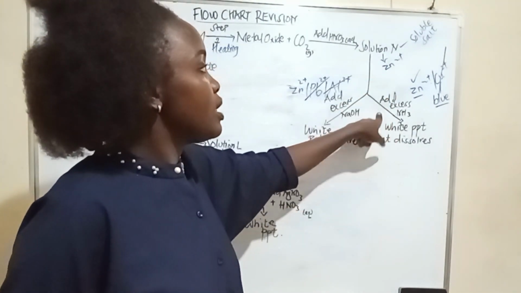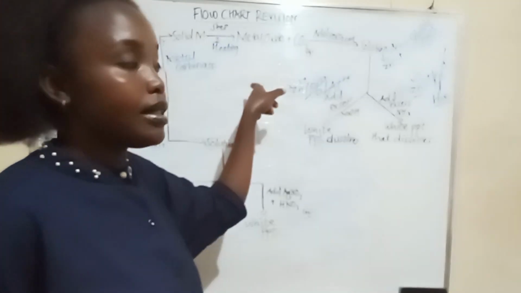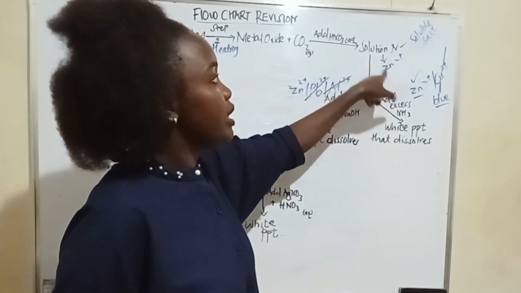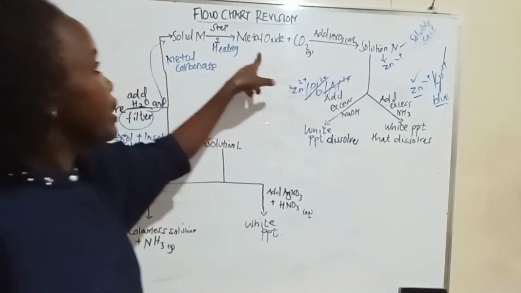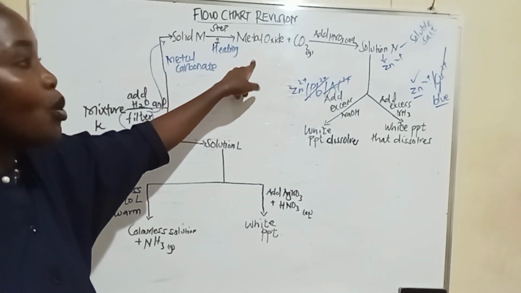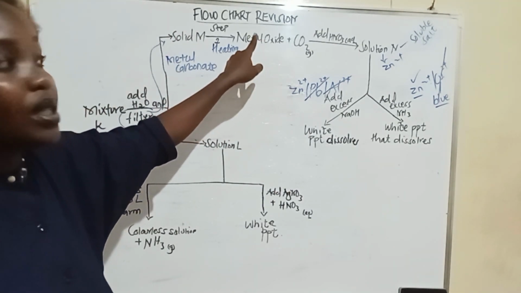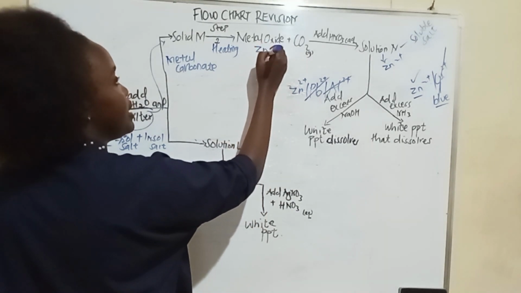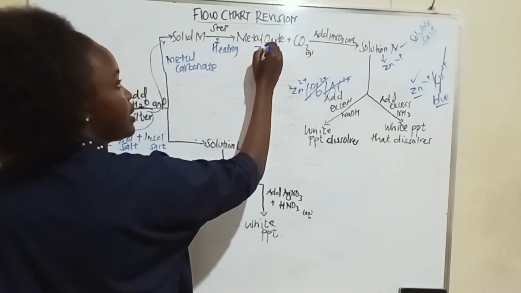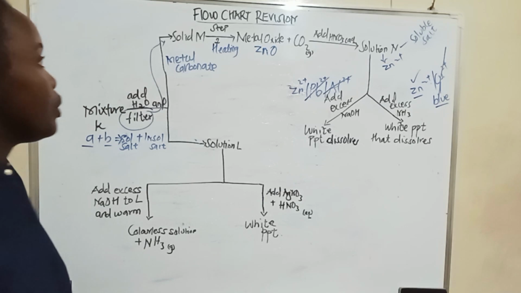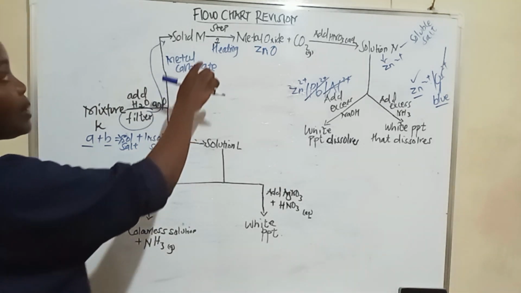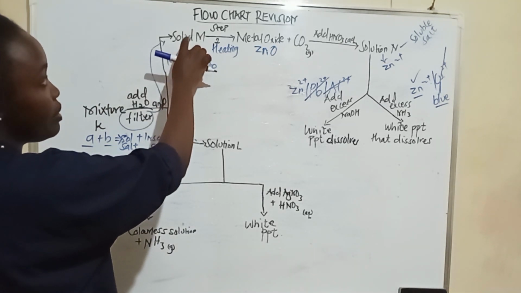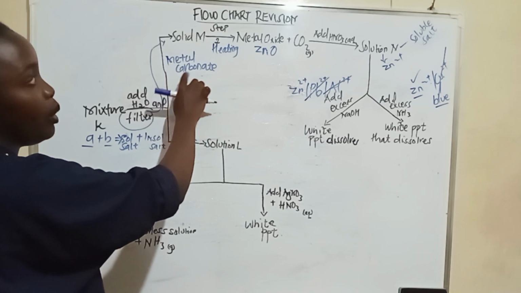We've gotten our zinc here, now we are coming back like this. So the solution N has zinc ions present, meaning that the metal oxide that was here was zinc oxide. So here we write: the metal oxide is zinc oxide. Okay, so our solid M, we said, is a metal carbonate.